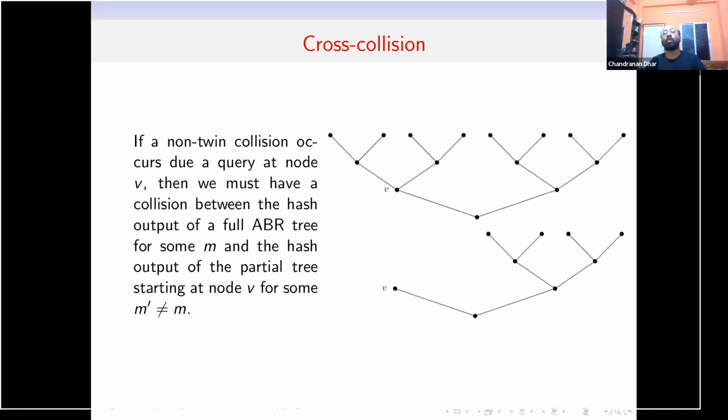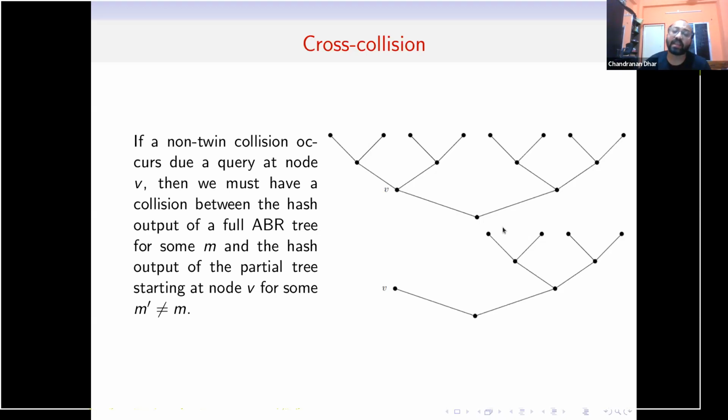So first, what is a cross collision? A cross collision arises from the analysis of a non-twin collision. How does a non-twin collision occur? It occurs when the ith query at a node V leads to a hash output which matches a previous hash output generated by the i-1 queries, and thus we have a collision.